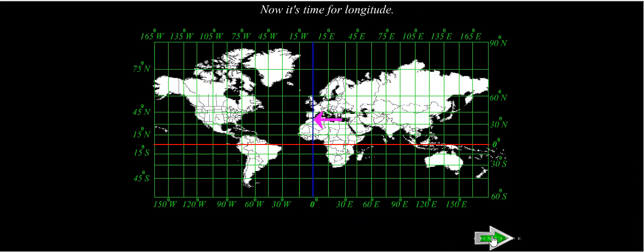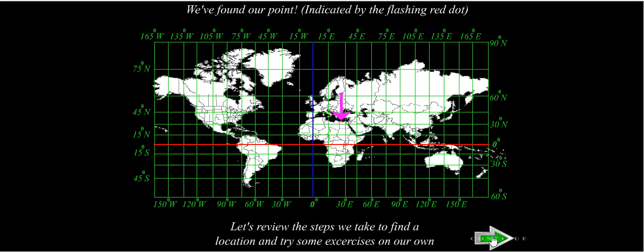Now it's time for longitude. Remaining at 35 degrees north, we move right 27 degrees. We found our point, indicated by the flashing red dot.